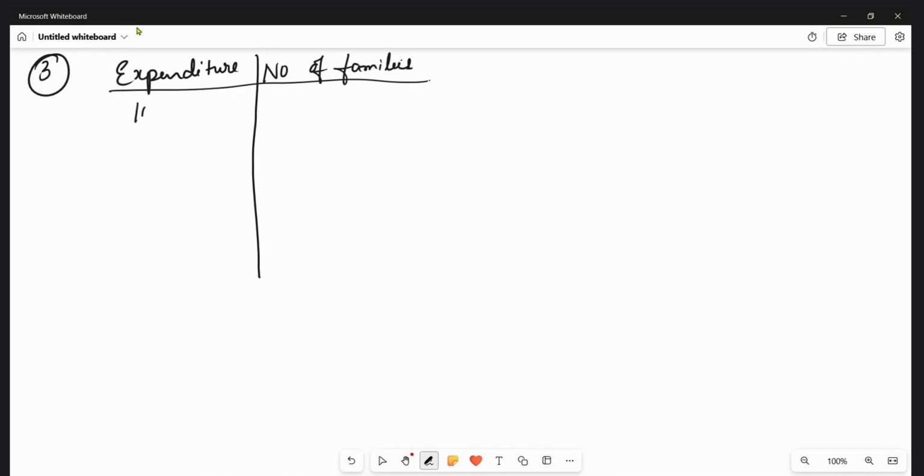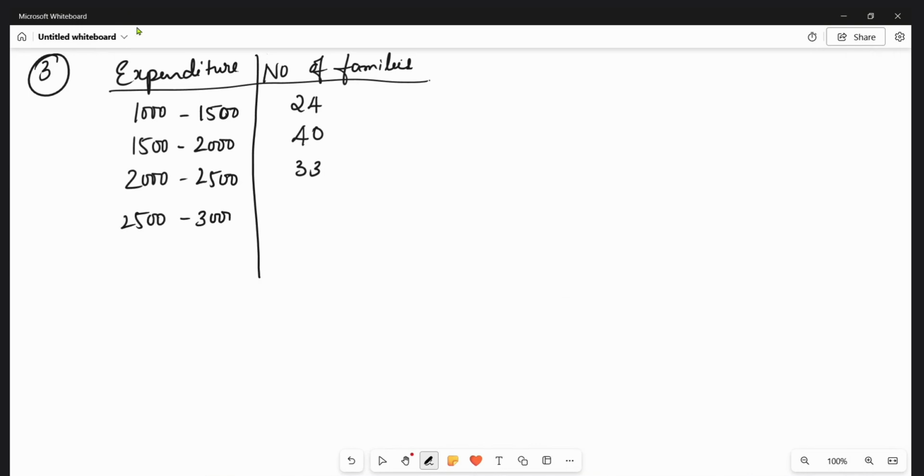First one, 1000 to 1500, it is 24. 1500 to 2000, it is 40. 2000 to 2500, 33. 2500 to 3000, 28. 3000 to 3500, 30. 3500 to 4000, sorry, not 16, 22.